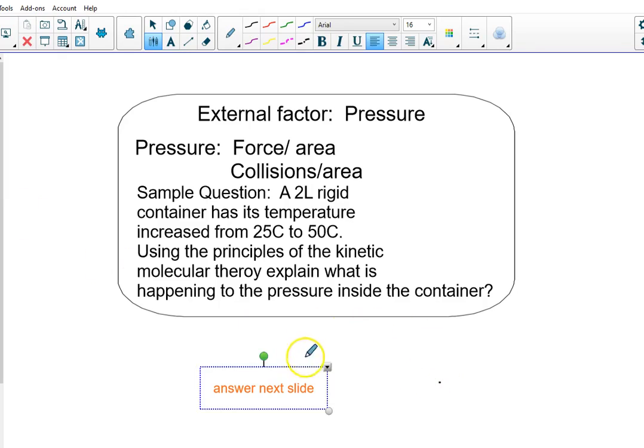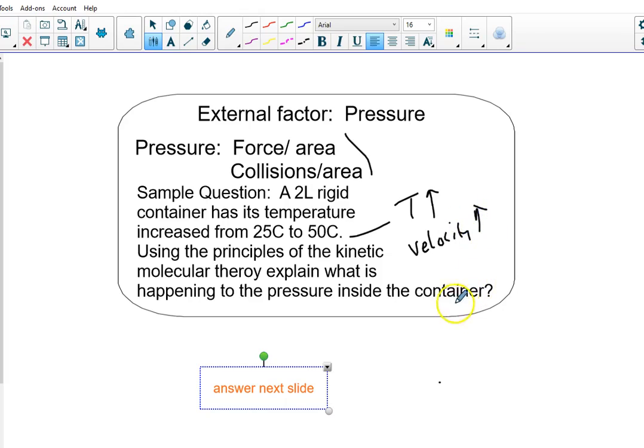Alright, so here's an example. External pressure, external factors, pressure. So pressure is force per area, collisions per area, just kind of discussed this. A sample in a rigid container has a temperature increase from 25 to 50. Using principles of kinetic molecular theory, explain what is happening inside and what is happening to the pressure inside the container. Alright, again, we want to understand the idea that the temperature increased, so my molecular velocity increased.